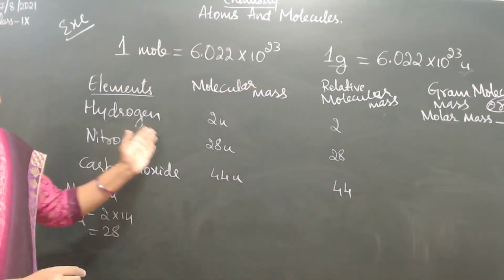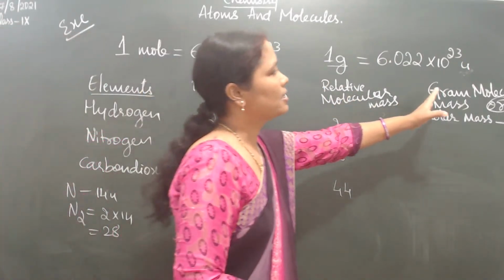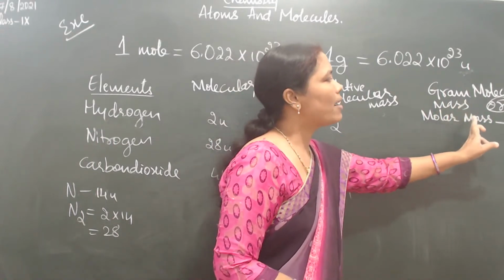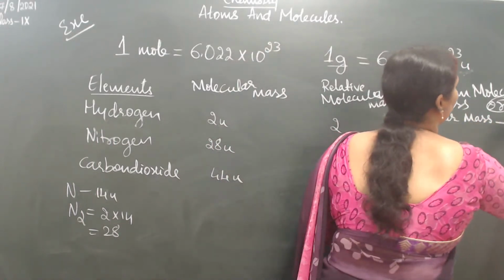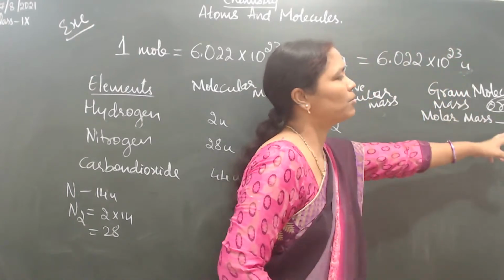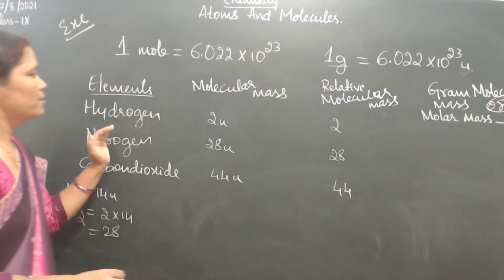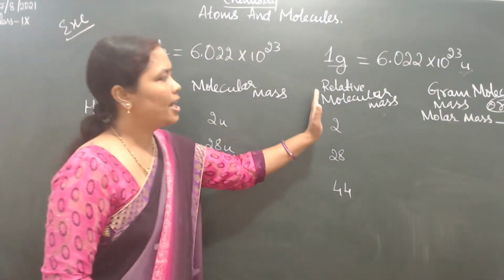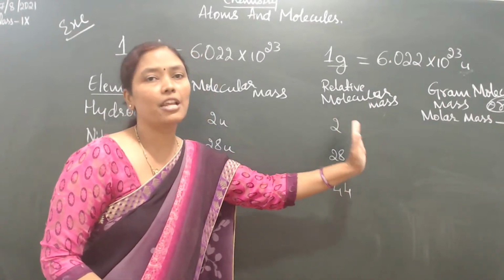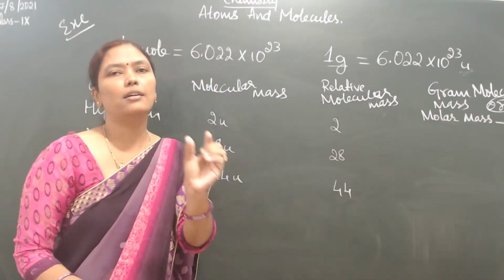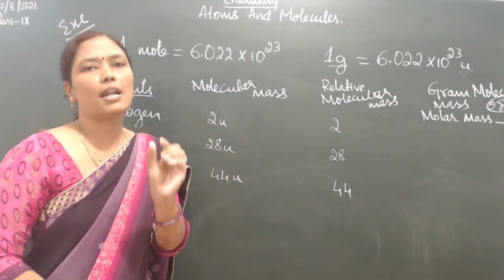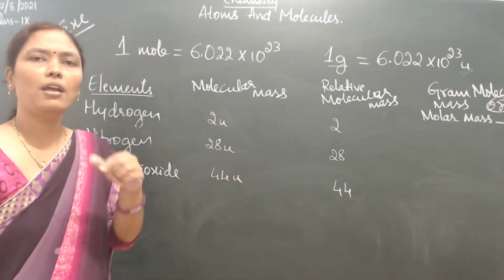The last one, the gram molecular mass, is also called the molar mass of the given molecule. Here we should not write atom, because we are talking about the molecule. So the relative molecular mass value we write as it is, and in front of that we write a G, that is gram. Then it becomes the gram molecular mass or the molar mass.